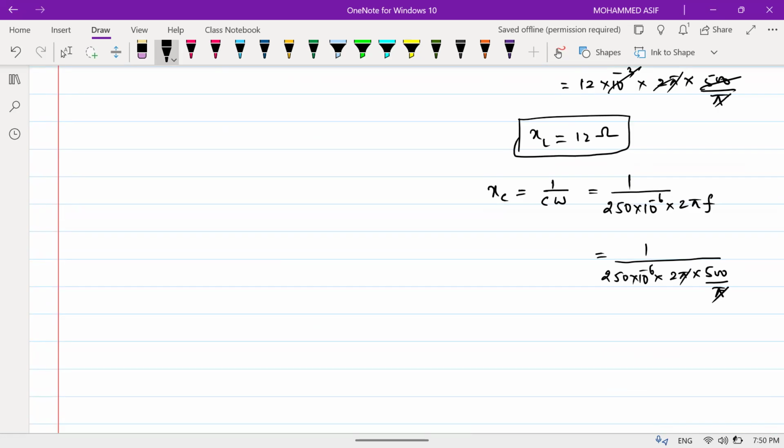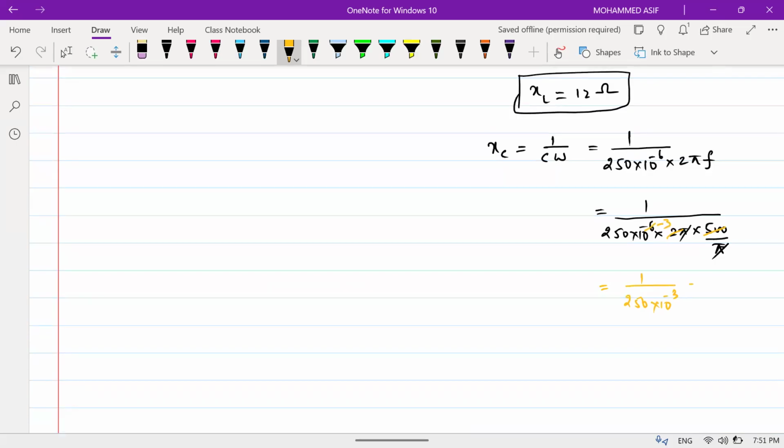Two fives are 10 again, giving 10 power 3. Here it is 10 power minus 6, so the total becomes minus 3.